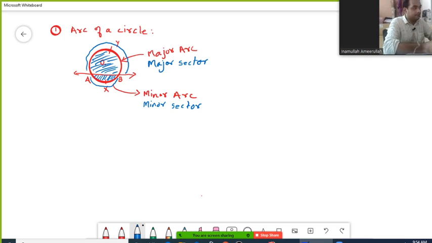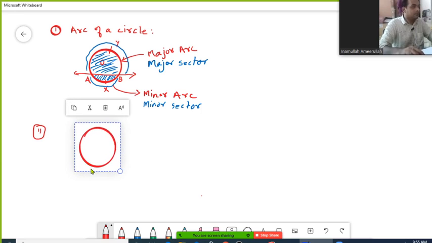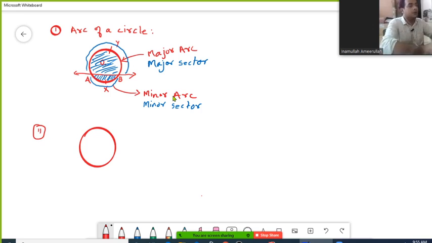Now next part, major arc of a sector. Suppose in this triangle, O is center of the circle and AOB is an angle made on the center of the circle.